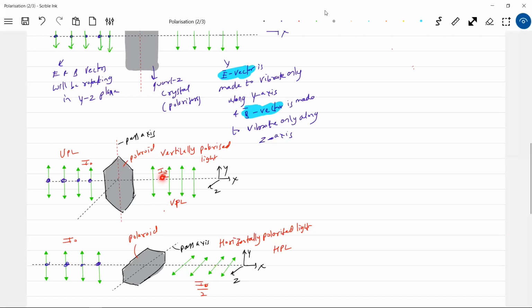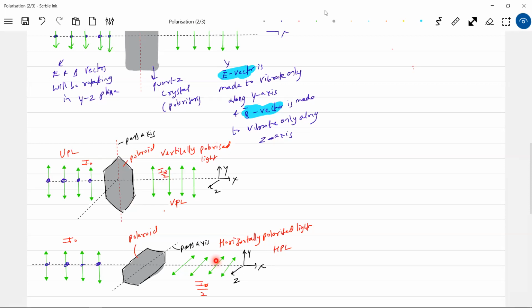What you can notice is only the intensity of light. Only you can see the difference in intensity of light. Beyond that, nothing. Finally we are the observers, no? We wanted to notice this polarization. Just with one Polaroid, I cannot notice even the intensity decrease. Okay, that's all. Beyond that, nothing.